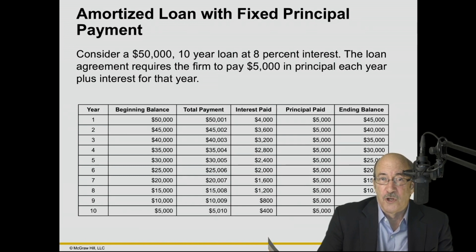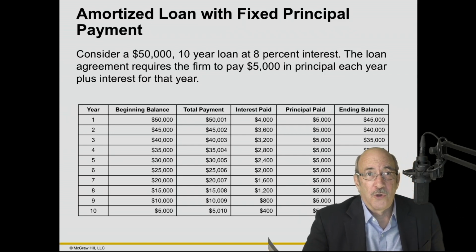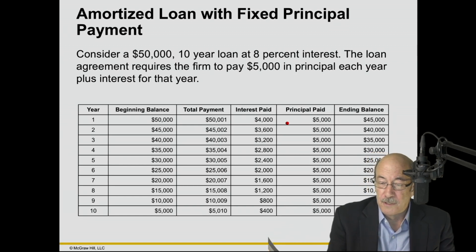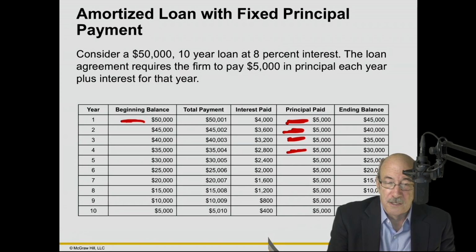Here's an amortized loan with a fixed principal payment. And again, that's not the type of amortization that you and I see on a car loan or a typical home loan, but again, corporations experience these. So the principal payment is constant. Notice that's over here, $5,000 every period. We started with a loan of $50,000, and every period we pay back $5,000 for 10 periods until we pay back all the principal.